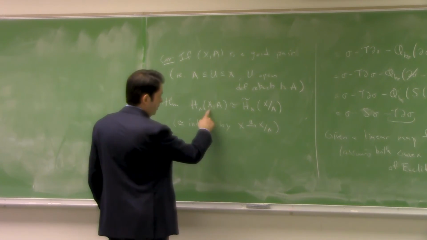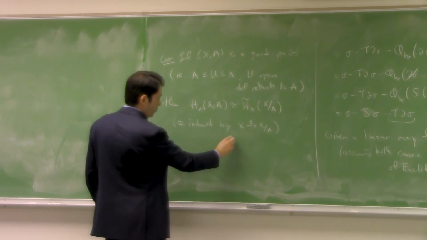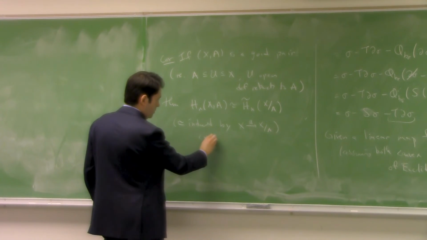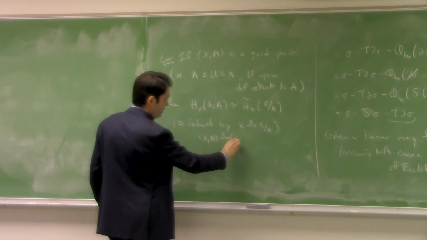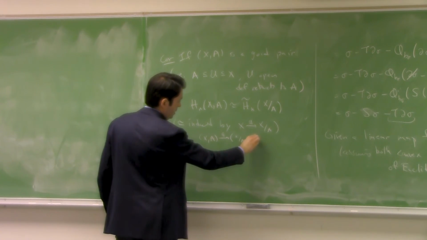Of course, you have to apply the quotient map to the pair, so we have a map of pairs that takes this to X mod A and A mod A.